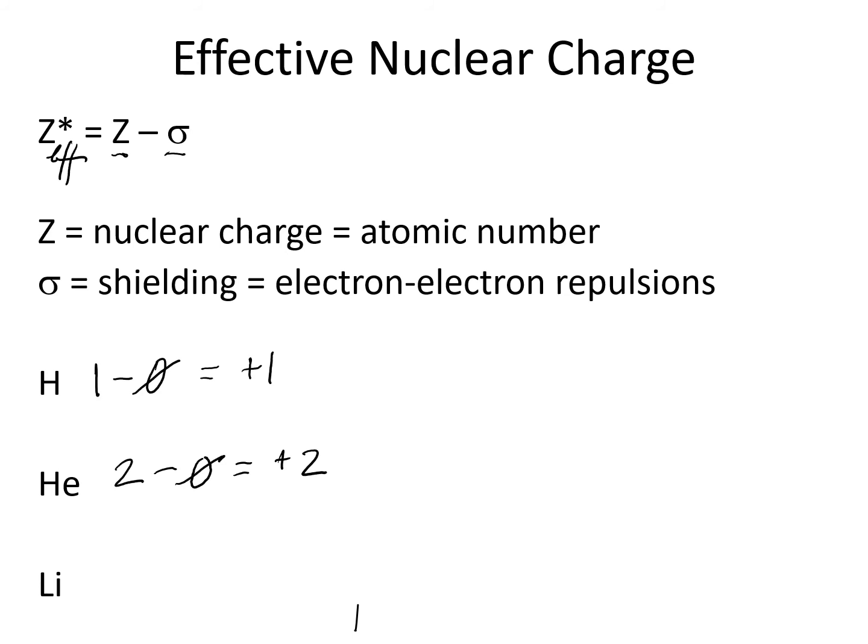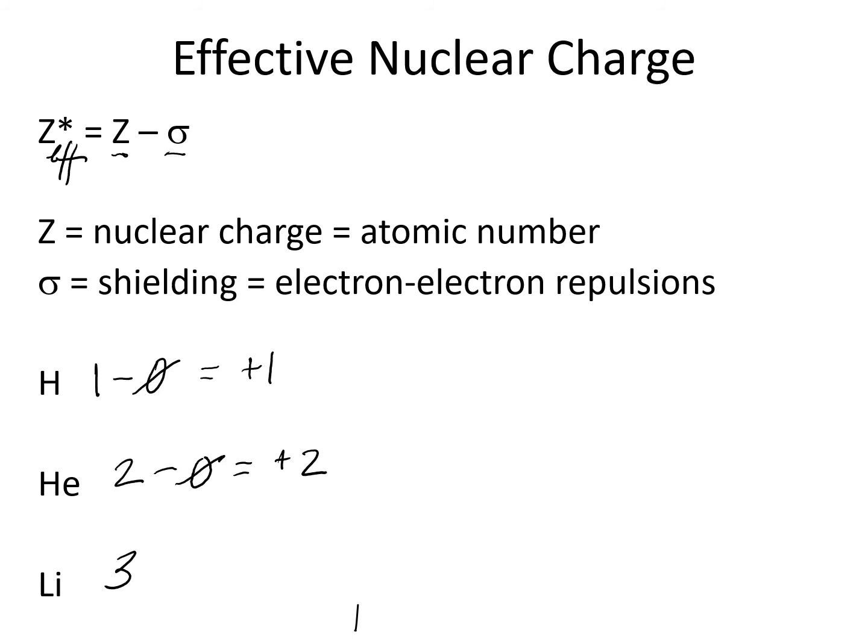Now we're increasing the principal energy level when we go to lithium. We are in n = 2, right? So the atomic number for lithium is 3, and there are 2 electrons shielding it. Those 2 electrons reside in the 1s orbital.